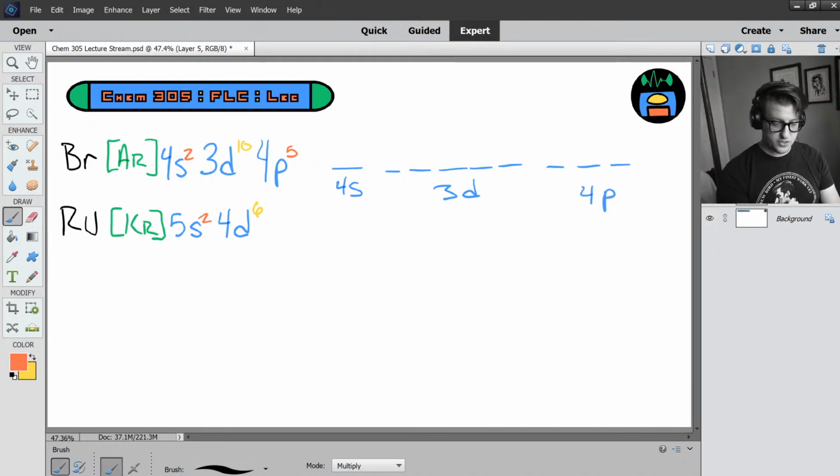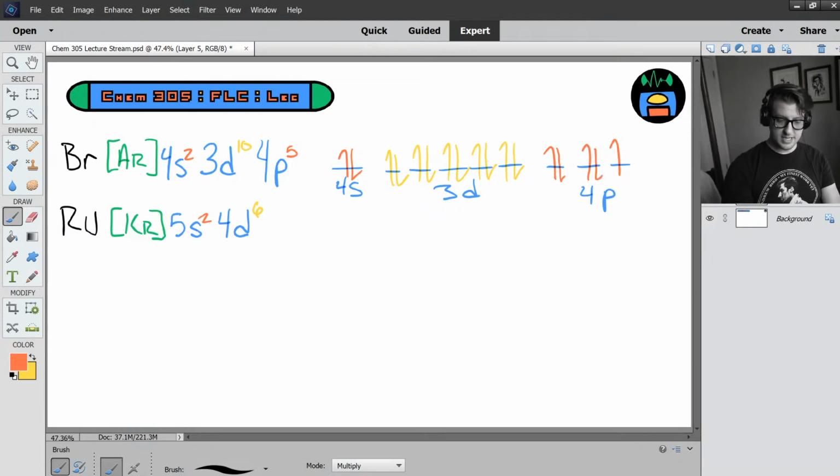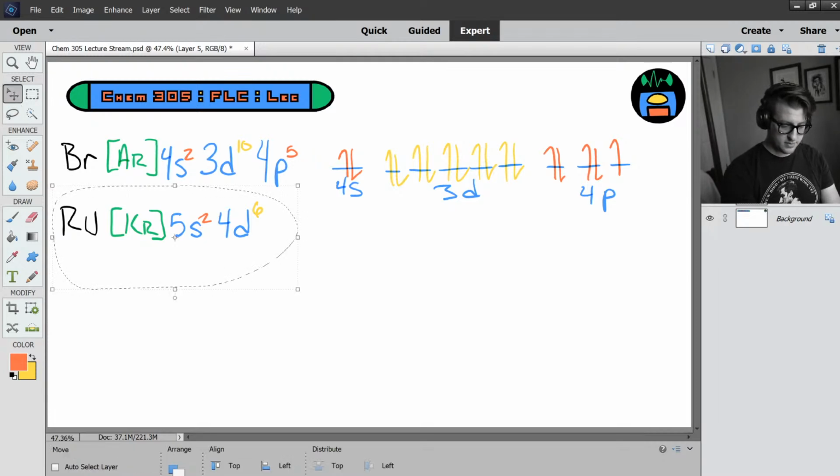And here we have 2 electrons in the 4s. We have 10 electrons in our 3d subshell. Then we have 5. 1, 2, 3, 4, and 5 electrons in our 4p. So that is the orbital diagram for bromine.